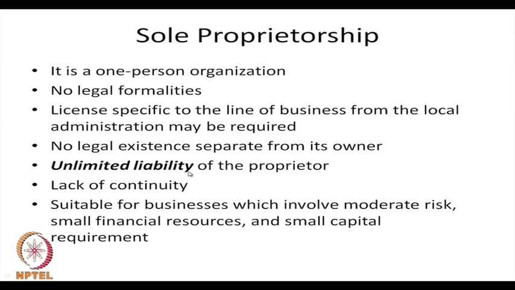That means, if the proprietor takes loan to run its business, then he is completely liable for paying off the debts. If the business winds up, then the owner himself or herself is completely liable to pay the debts.